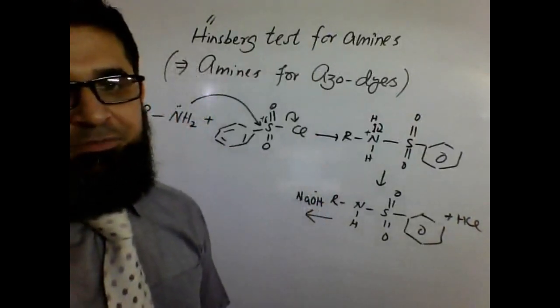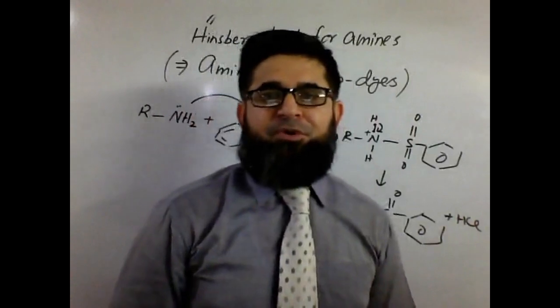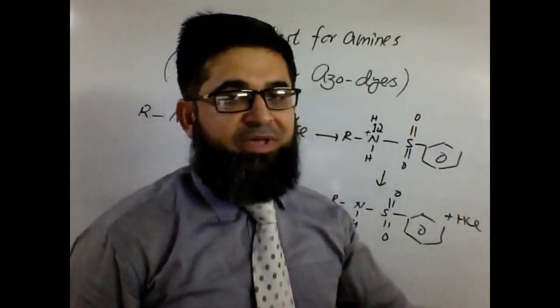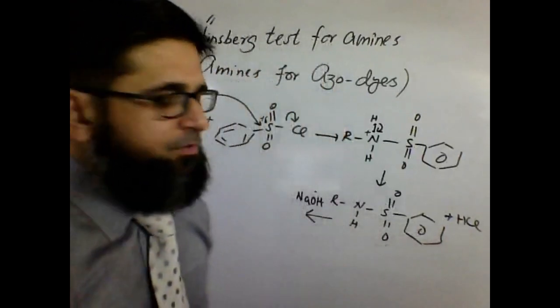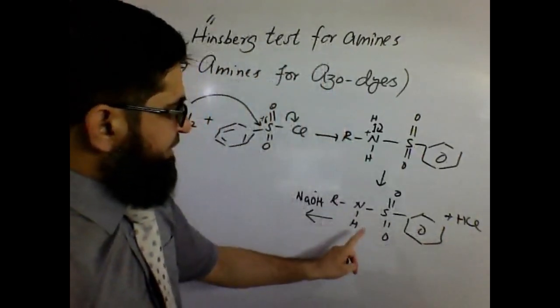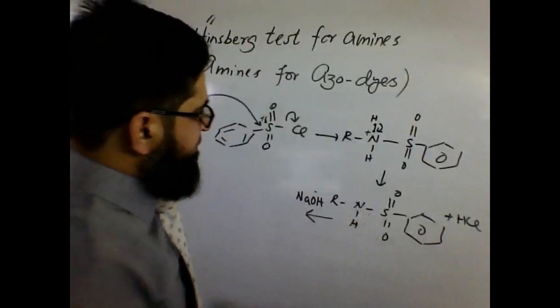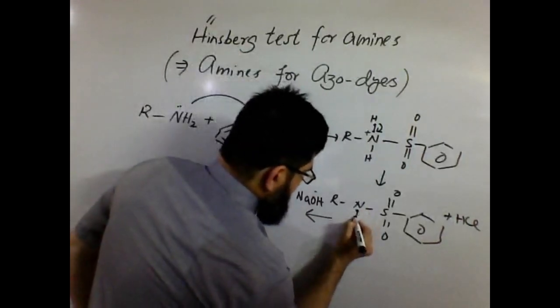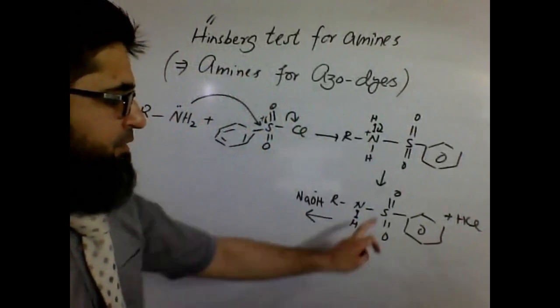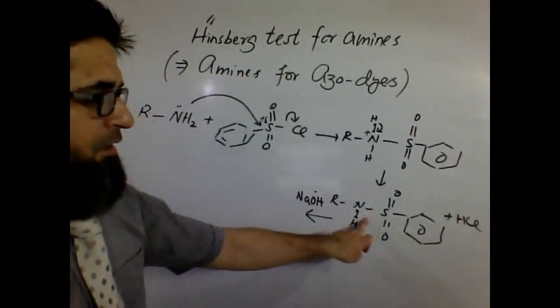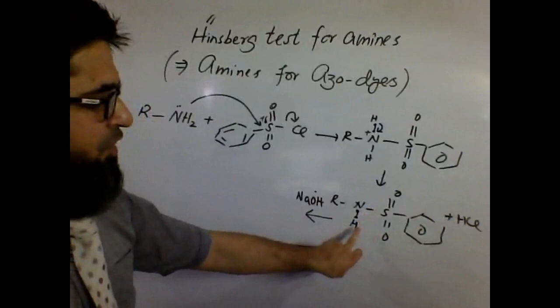It has the capacity to pull a proton from any other slightly acidic species, at the moment the sulfonamide. We have an idea. The bond between nitrogen and hydrogen becomes a little bit polar, which means it's an acidic proton.